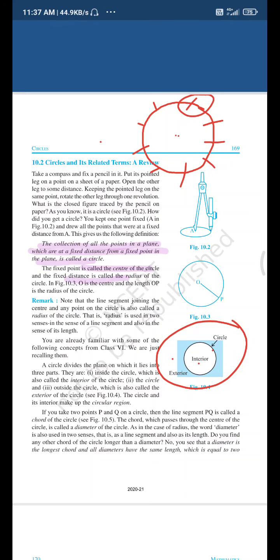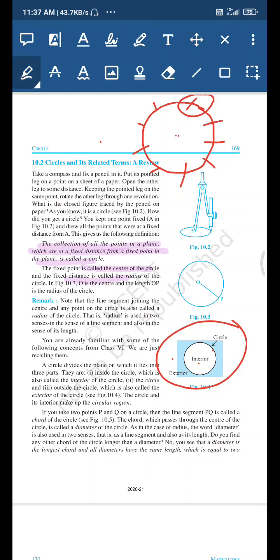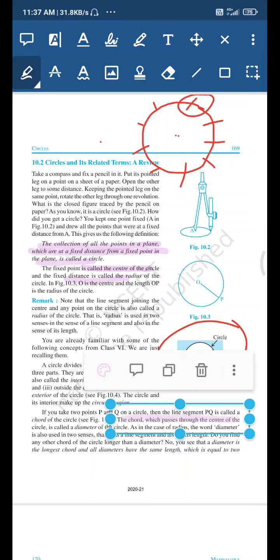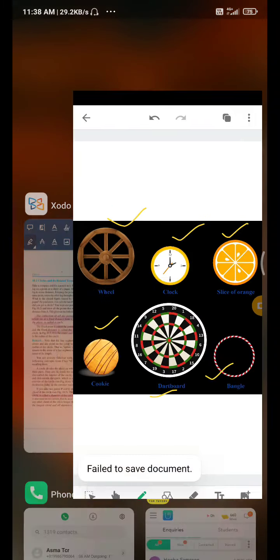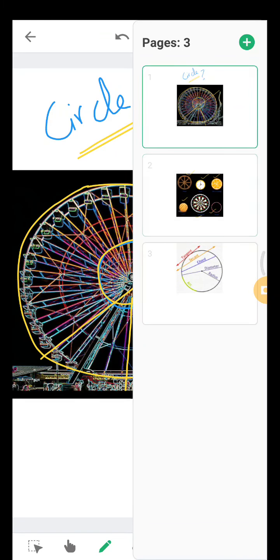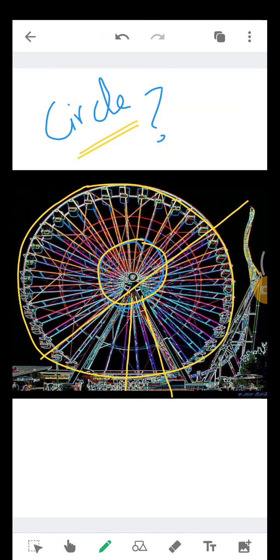You can copy the other definitions, like what is diameter. The chord which passes through the center of the circle is called the diameter of the circle. I gave you the example of diameter in the giant wheel. This diameter is the longest chord.